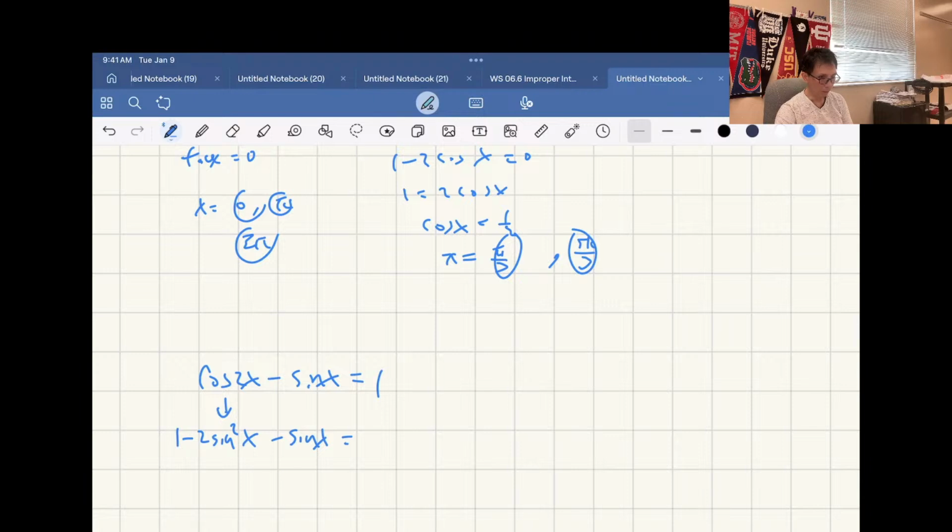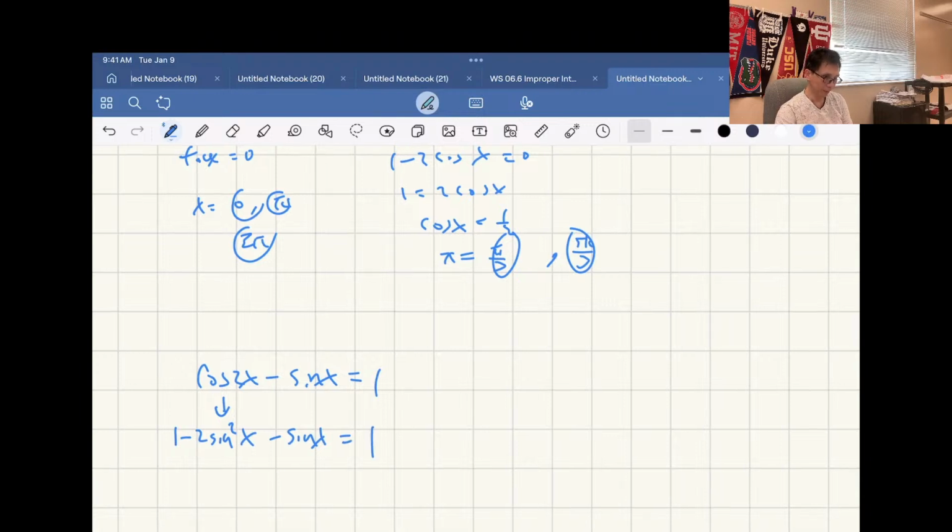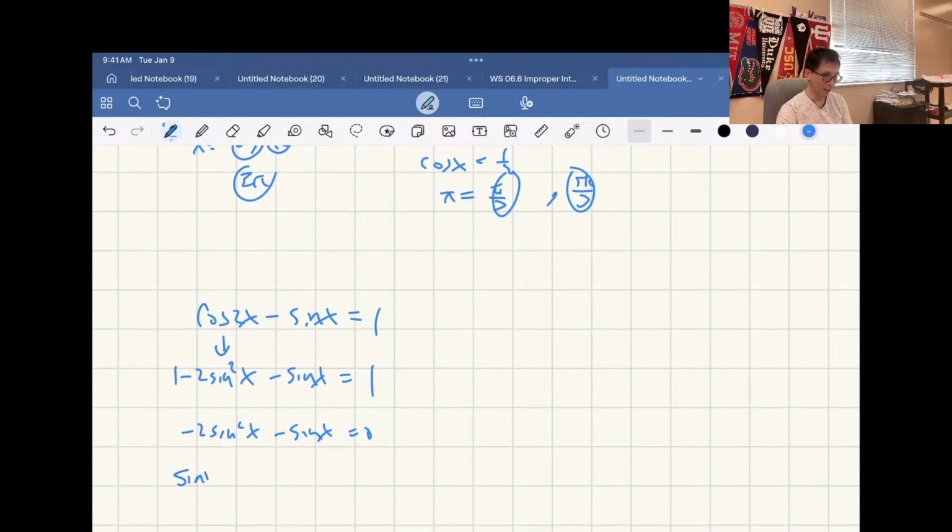So the 1 and 1 cancel out, right? So it'd be minus 2 sine squared of x minus sine of x is equal to 0. What can I do here? Factor out sine of x. Good. So that's going to be sine of x times negative 2 sine of x minus 1 equal to 0. Sine of x equal to 0 gives x equal to 0, pi, and 2 pi.